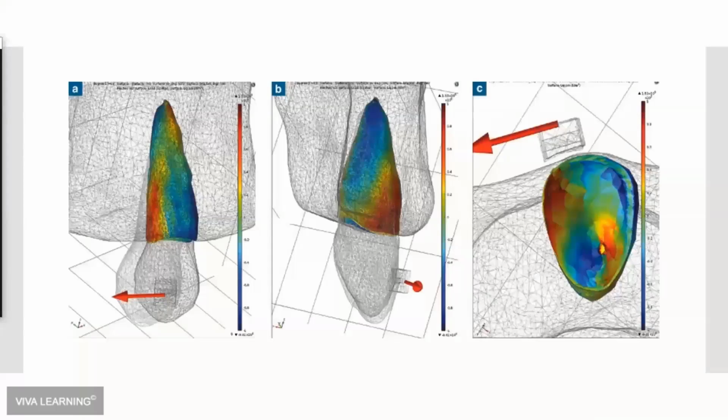We have plenty of ways of understanding these forces that interact. As you can see on the illustration, the placement of attachments will definitely benefit the control of the crown and the root movements on these forces, and will interact with the aligner to provide these forces exactly and direct these forces exactly where we want them, all with the aim of achieving the movements that we predict on the software.